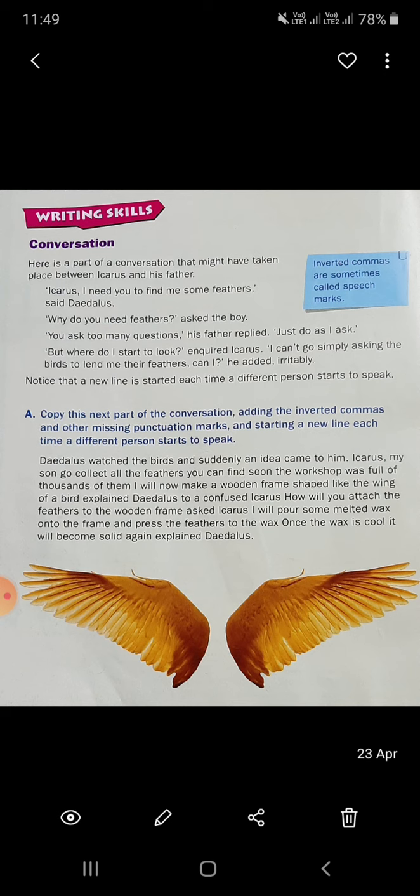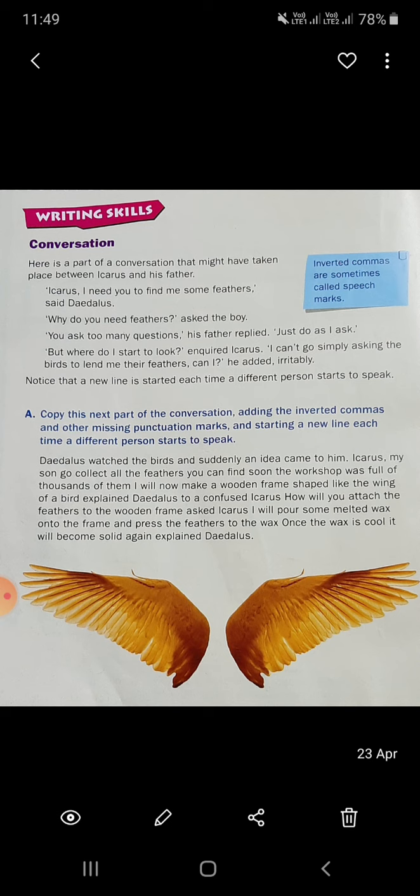"What do you need feathers for?" asked the boy. "You ask too many questions," his father replied. "Just do as I ask." "But where do I start to look?" inquired Icarus. "I can't go simply asking the birds to lend me their feathers, can I?" he added irritably. So this is the passage given here.